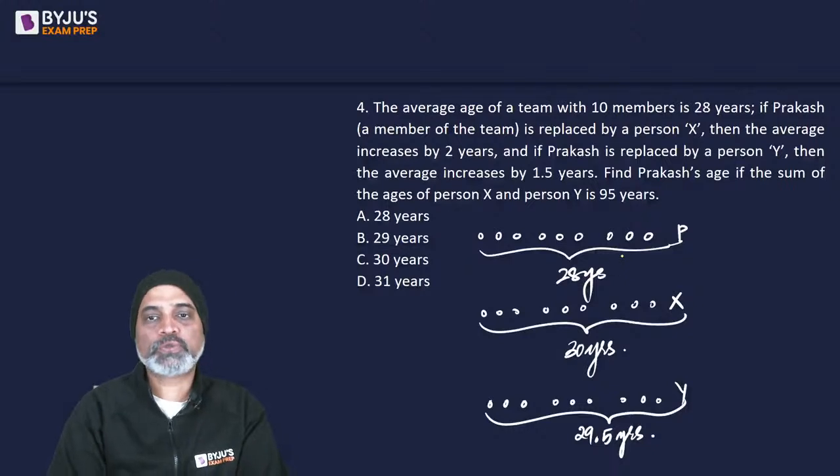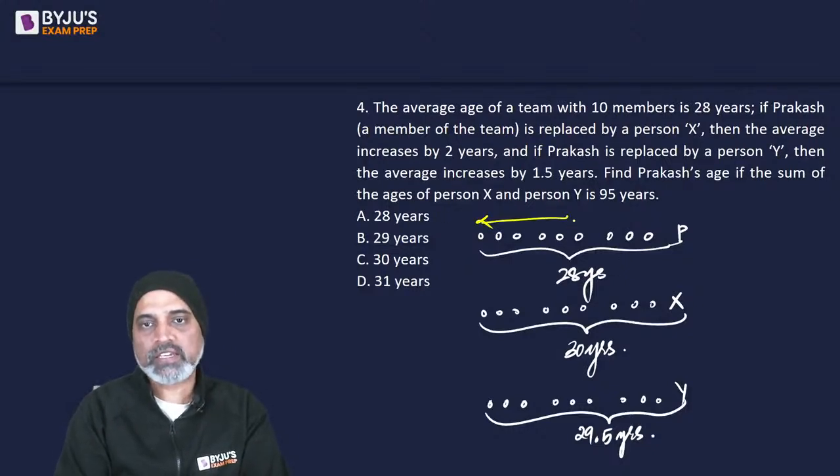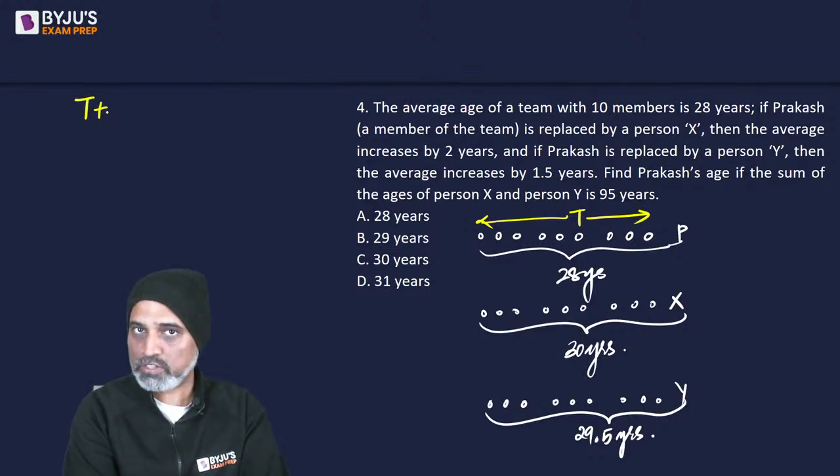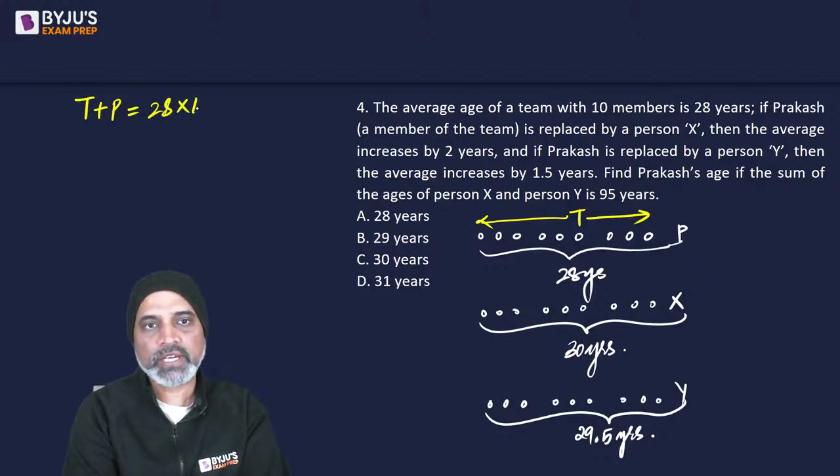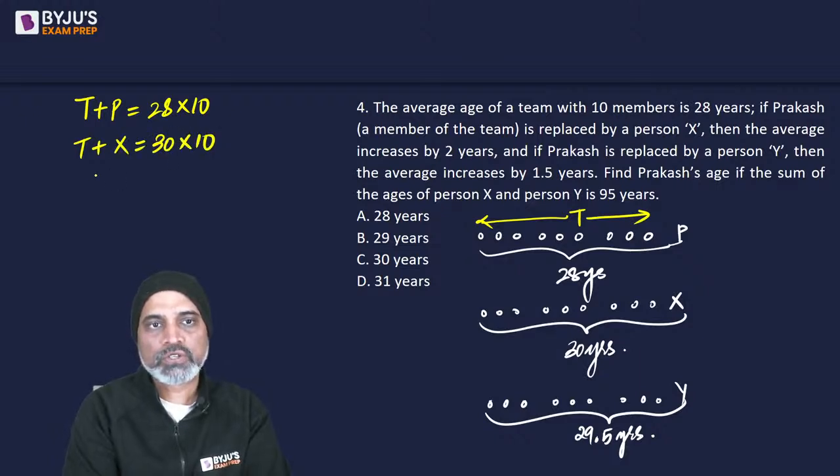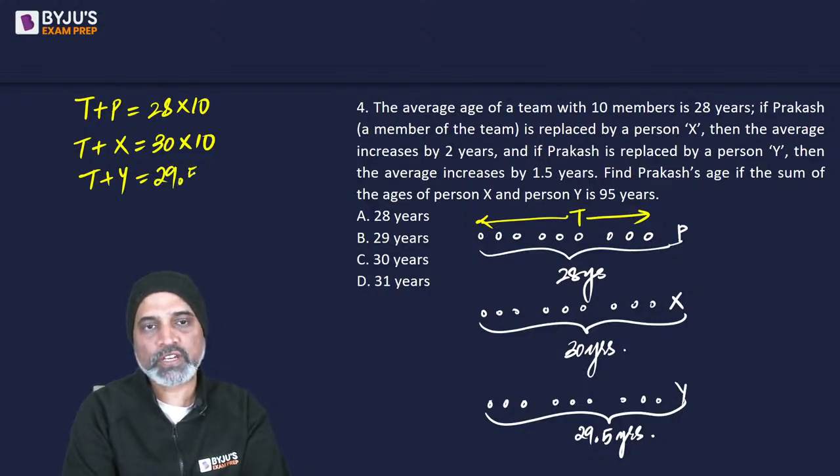So from the first one, if I consider the total age of these 9 people by the variable T, we can say the total age of those 9 people plus P is 28 into 10. Total age of those 9 people plus the guy X is 30 into 10. Total age plus Y guy's age is going to be 29.5 into 10, right?